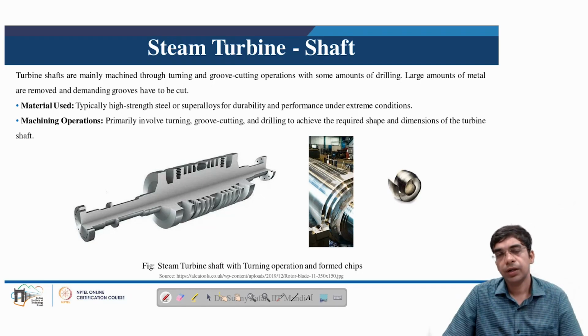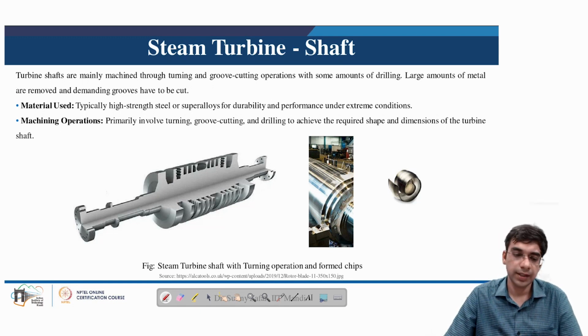Then another important component in a steam turbine is the shaft, because the rotor and the blades are mounted on the shaft, and subsequently this shaft is also used to take the rotational power to the generator for generation of electricity. So turbine shafts are mainly machined through turning and groove cutting operations with some amount of drilling.